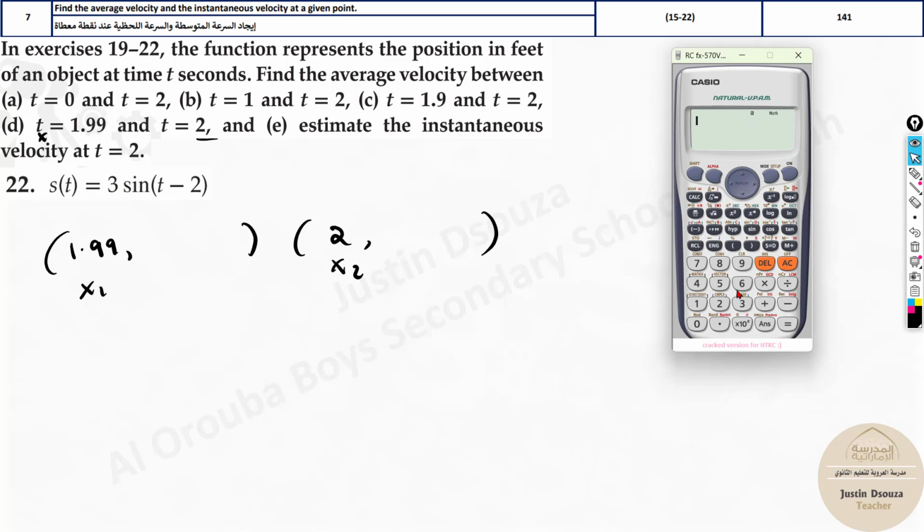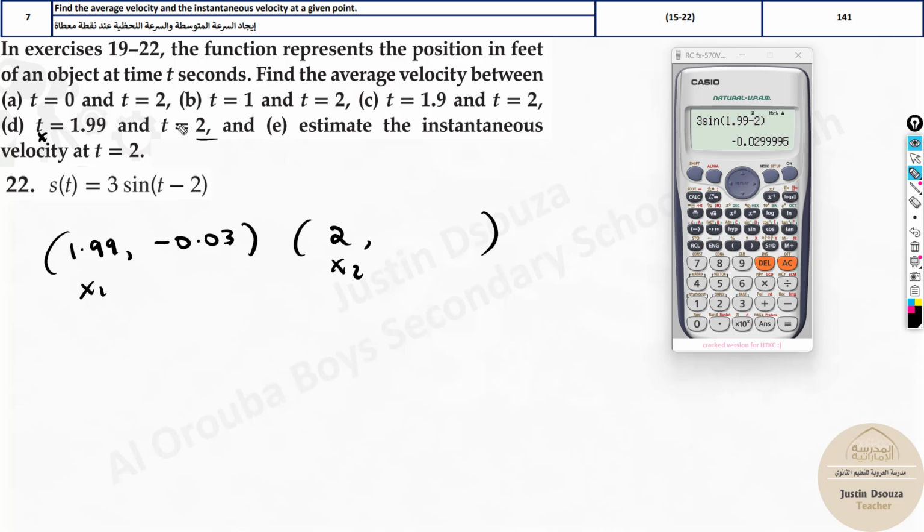That's great. So here you just substitute 3 sine, what is x, this value, 1.99 minus 2, close the bracket. What's the answer? It's negative 0, I'll just round it off to negative 0.03.